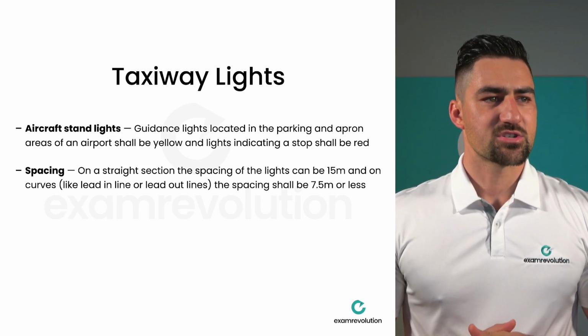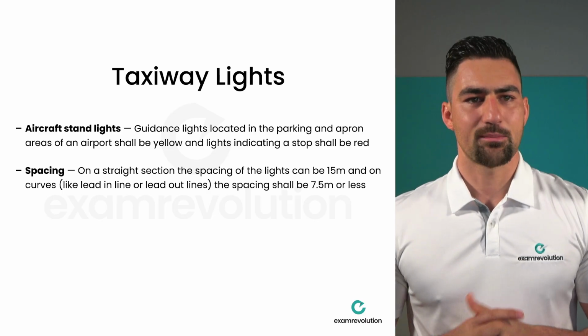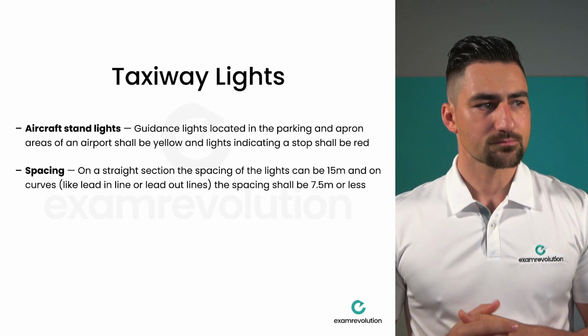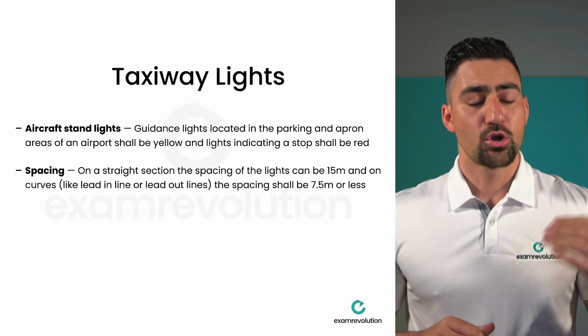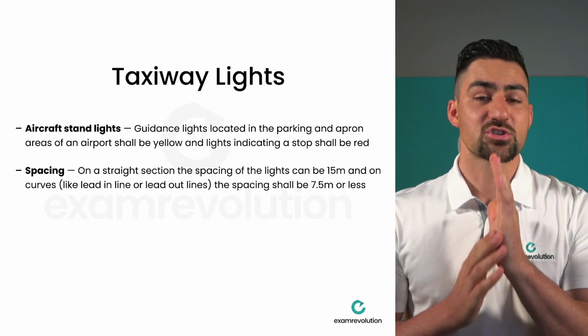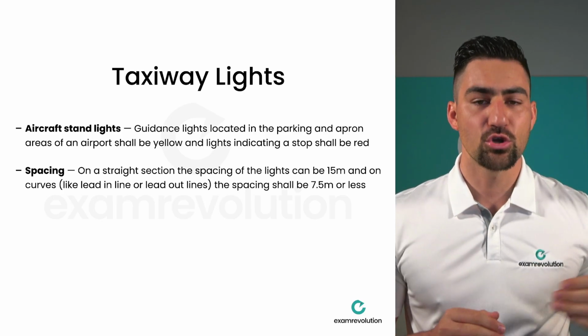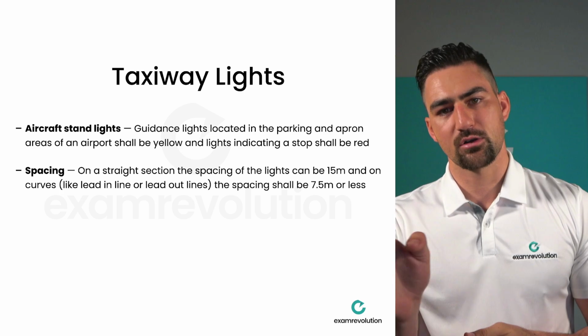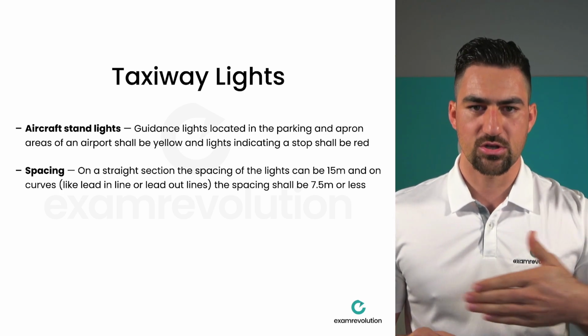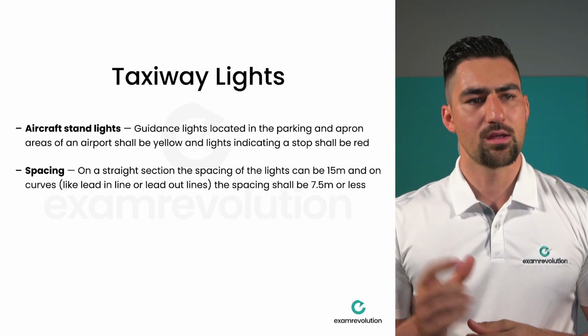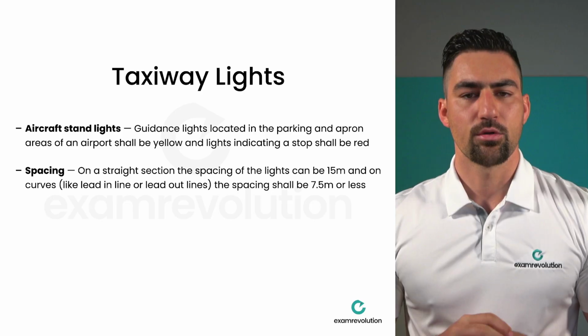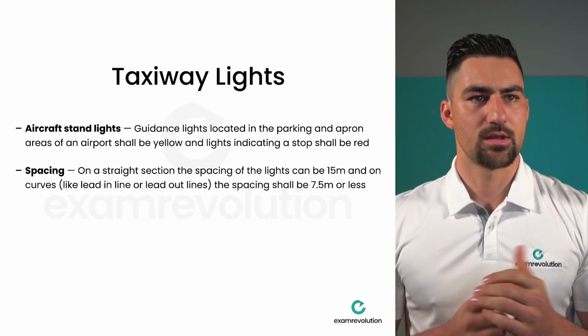Then the spacing on a straight section can be 15 meters in the apron, like a lead-in line or a lead-out line. But on a curved line, so the line that shows you how to turn into the parking, or the line that shows you how to turn out of the parking, the light spacing is not allowed to be more than 7.5 meters there, the yellow lights.